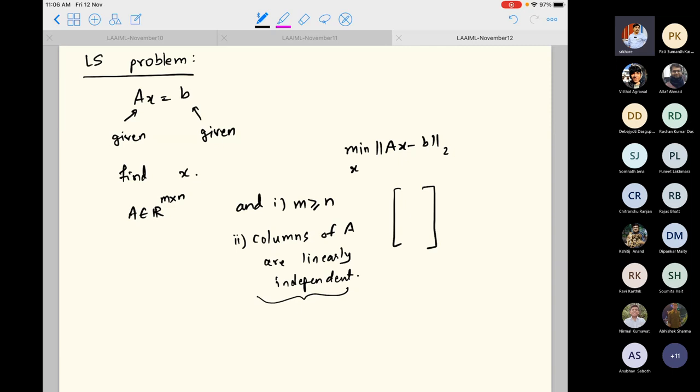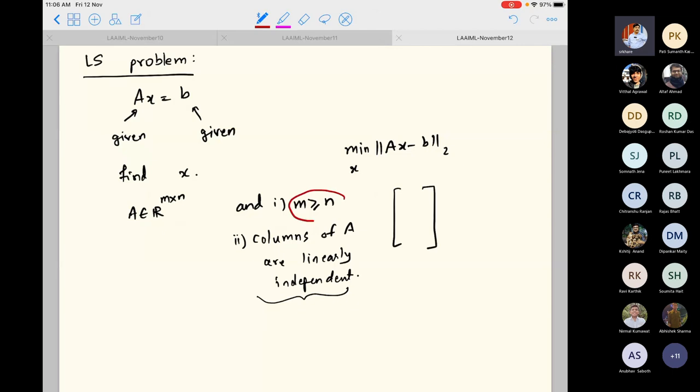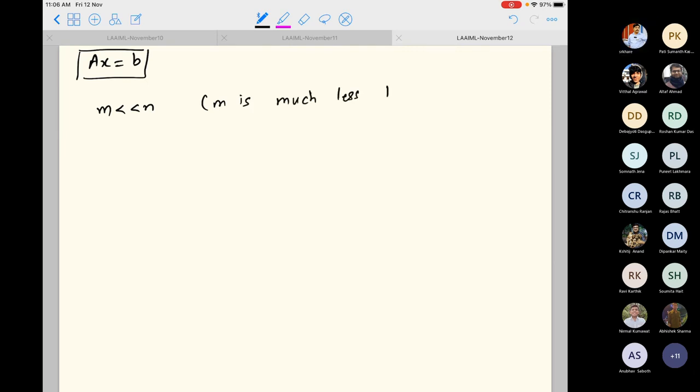But the problem that we did not cover: here the constraint was m is greater than or equal to n. But now suppose I have the other case. I have this particular problem, Ax = b, and what I have is that m is much less than n.